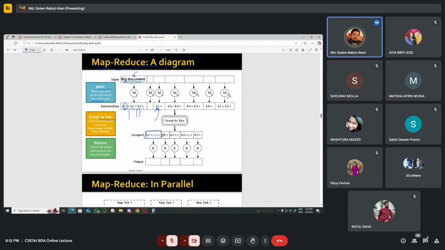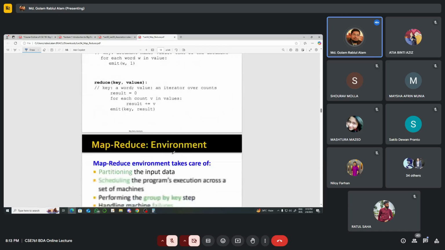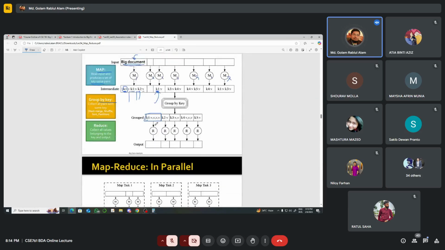The reduce operation gives the total count, how many instances there are. So here it will be K1 with 3, there are 3 V's. Okay, 1 2 3 4, 4 V's. Maybe we have another one also here, that is the 4 V's.